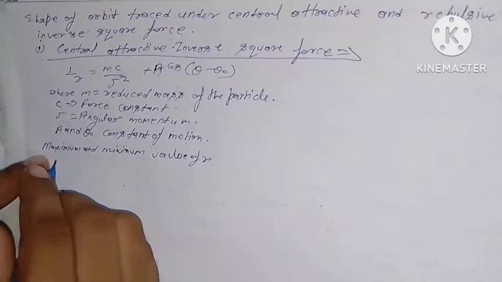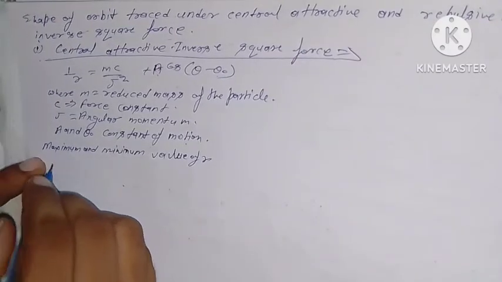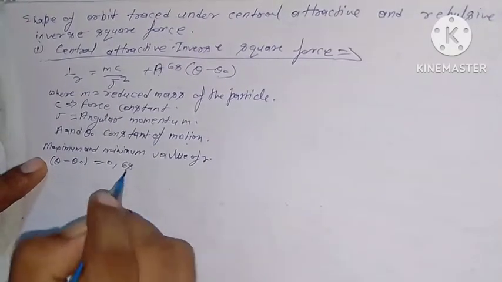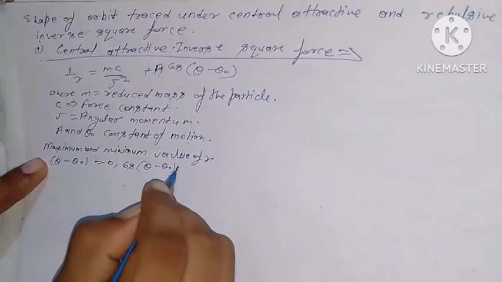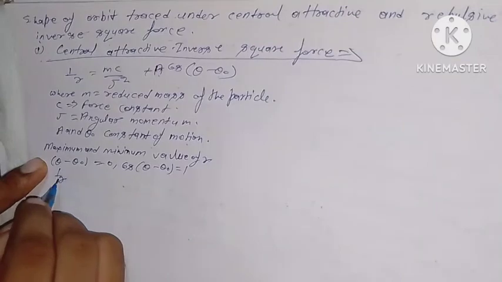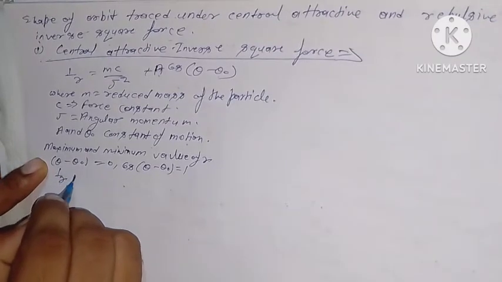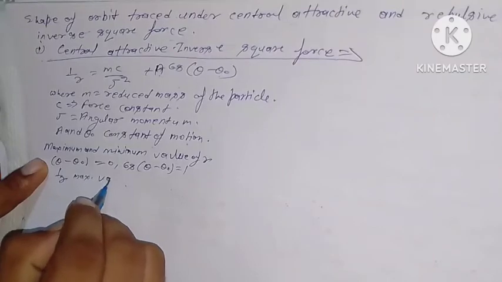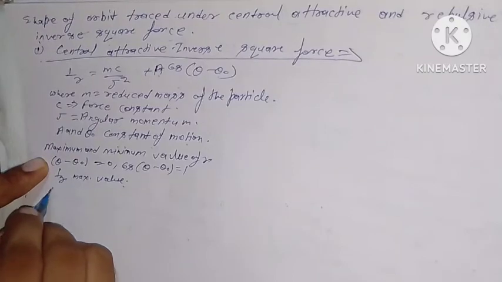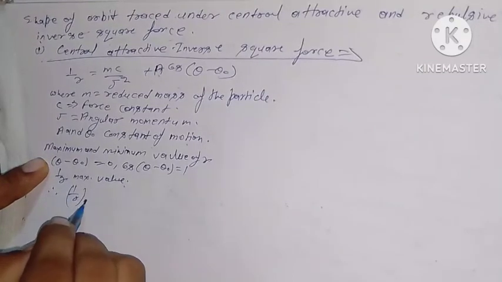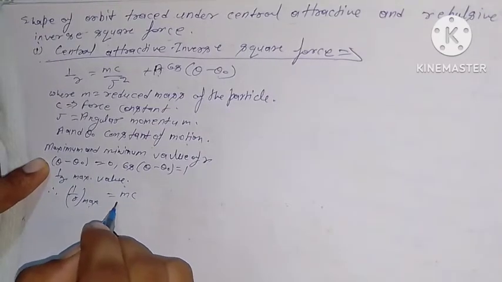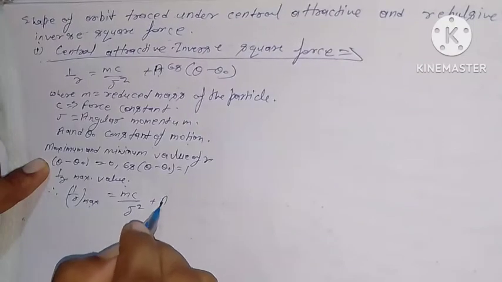In the above equation, if theta minus theta naught equals 0, cos(theta minus theta naught) equals 1. Then 1 upon r has the maximum value, and so 1 upon r max equals mc upon j square plus A.